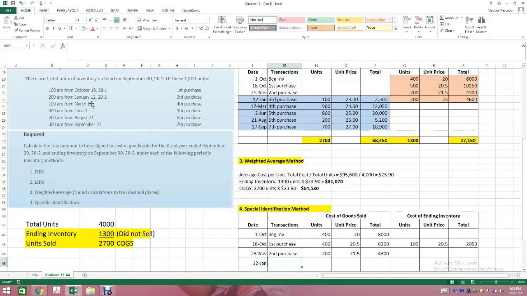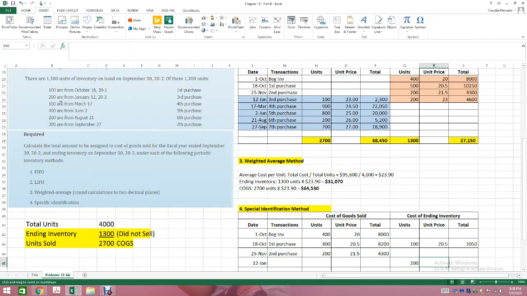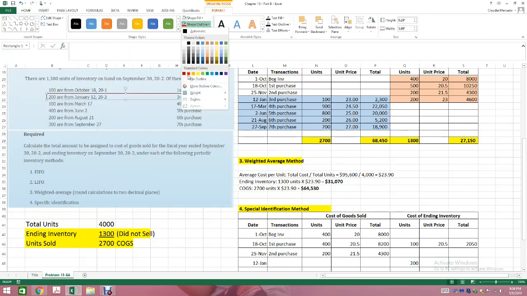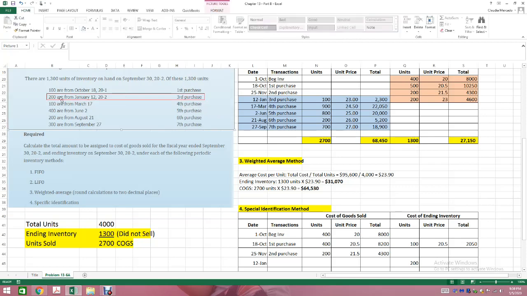For January the 12th, they're telling you that you did not sell 200. So if you did not sell them, they go under cost of ending inventory. 200 from right here. Where am I getting this information? Right there. It's telling you that those 200 units you did not sell from that third purchase.